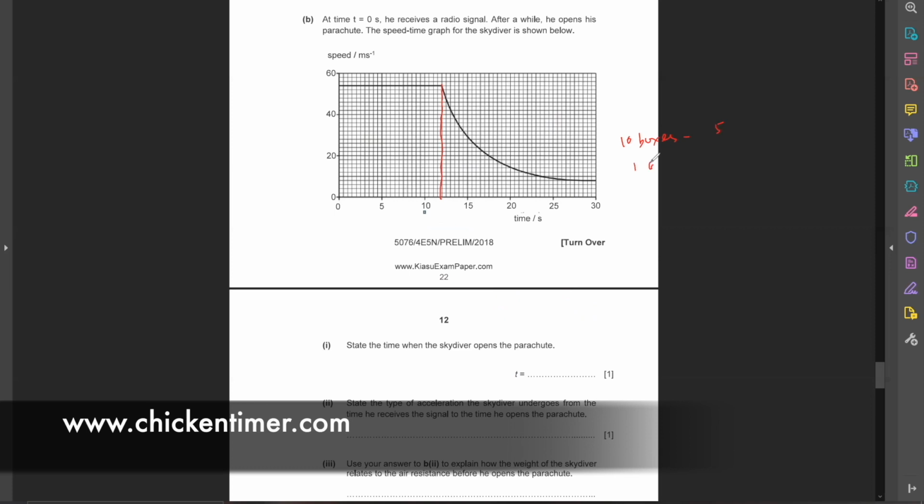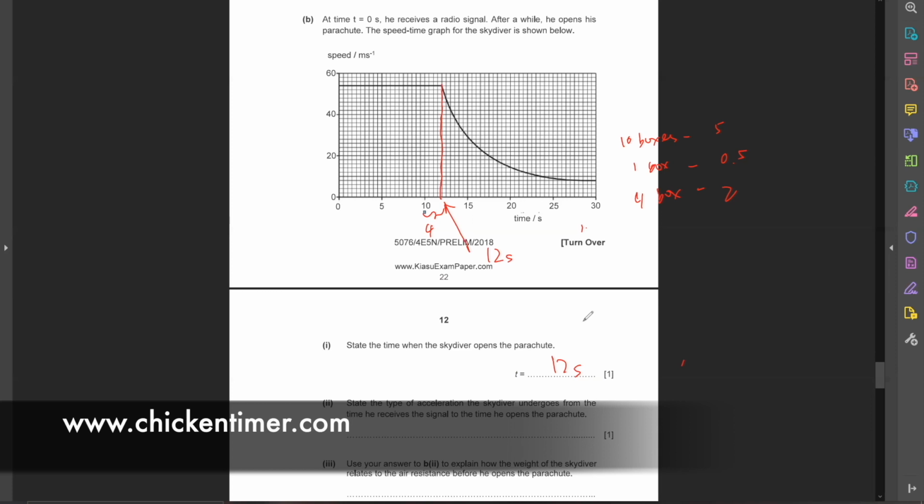So one box is 0.5. So here is 4 boxes. So it's 2. So that means this point will be 12.